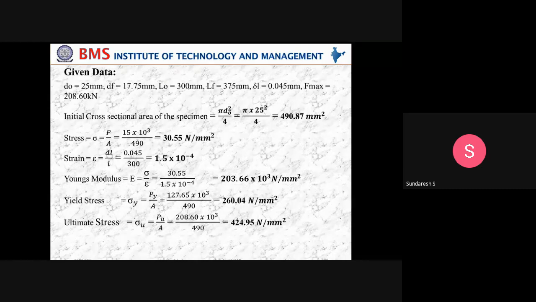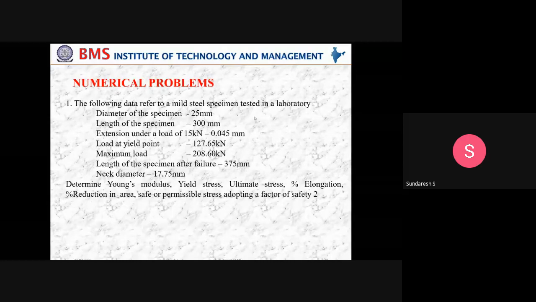Final length is 375 millimeter. And he has given another data: the extension at a load of 15 kilonewton. When you start loading the specimen and the load reaches 15 kilonewton, the corresponding deformation or extension is 0.045 millimeter.